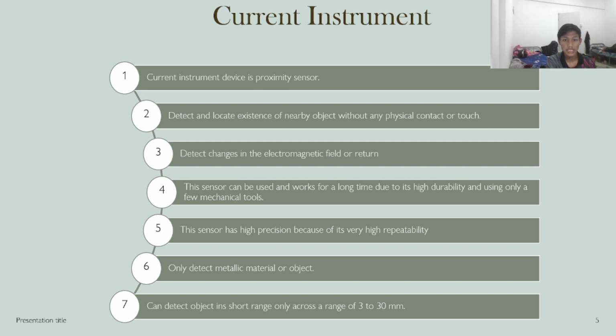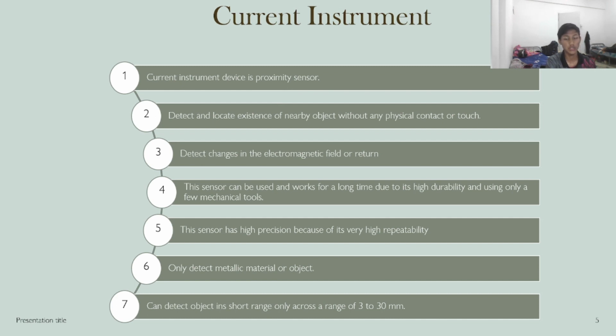Fourth, this sensor can work for a long time due to its high durability and using only a few mechanical tools. Fifth, the sensor has high precision because of its very high repeatability. Sixth, it only detects metallic material or objects. It also can detect objects only in short range, across a range of 3 to 30 millimeter.